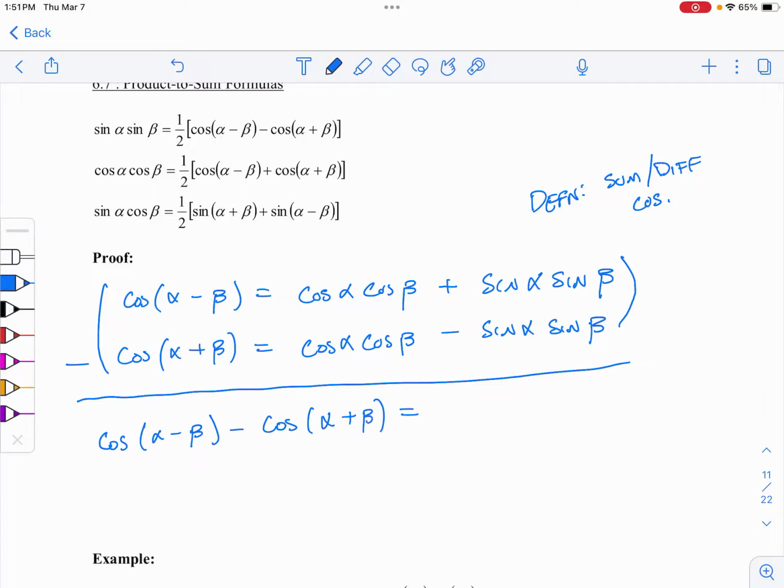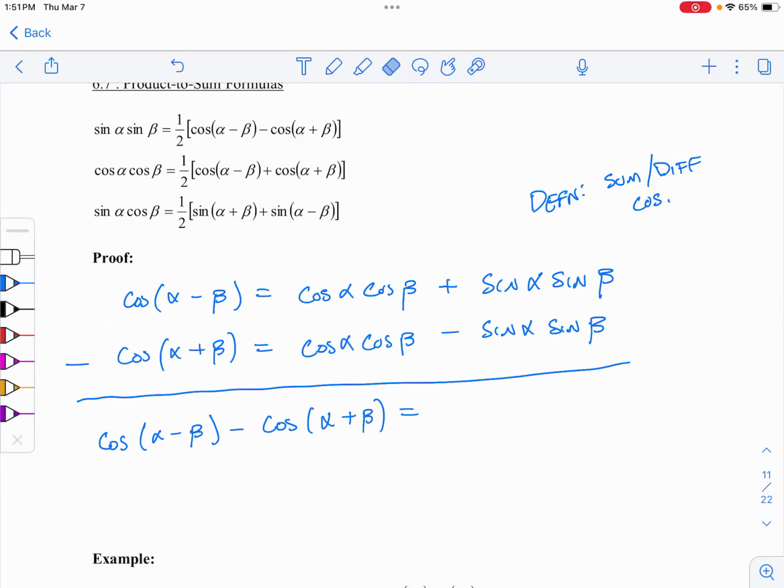All right. On the right side, so that negative, this becomes now negative. This goes away. All right, because I'm trying to get to one of these specifically. So that is cosine alpha beta minus cosine alpha beta, that's gone. Then I have sine alpha beta, negative, negative, plus sine alpha beta.